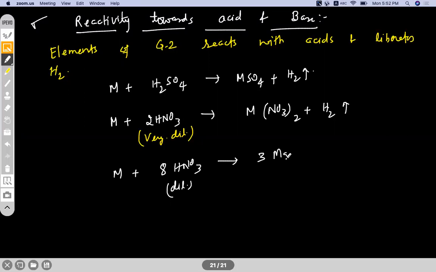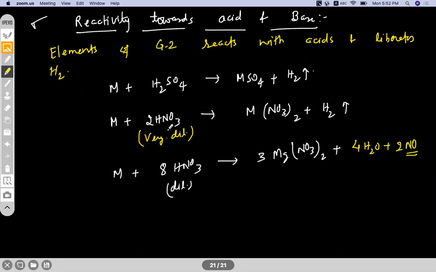3 Mg plus HNO3 gives Mg(NO3)2 plus 2 H2O plus 2 NO. Nitrogen monoxide evolves in this.